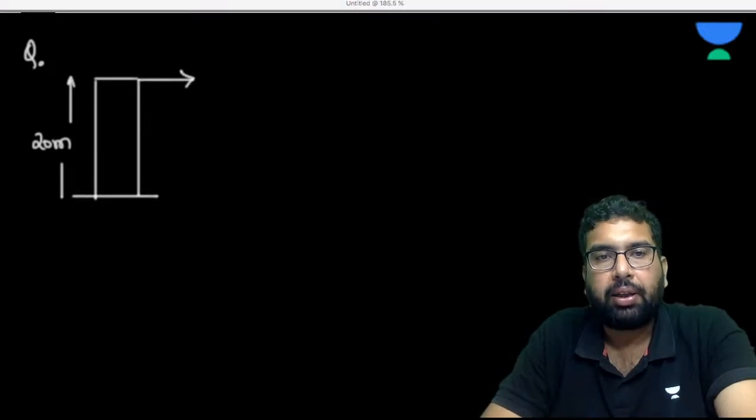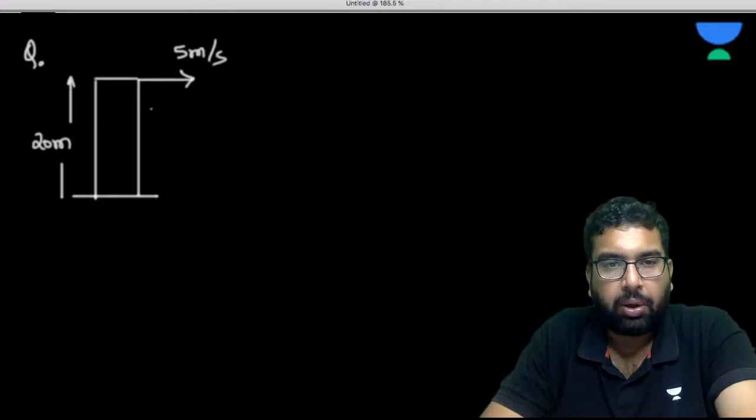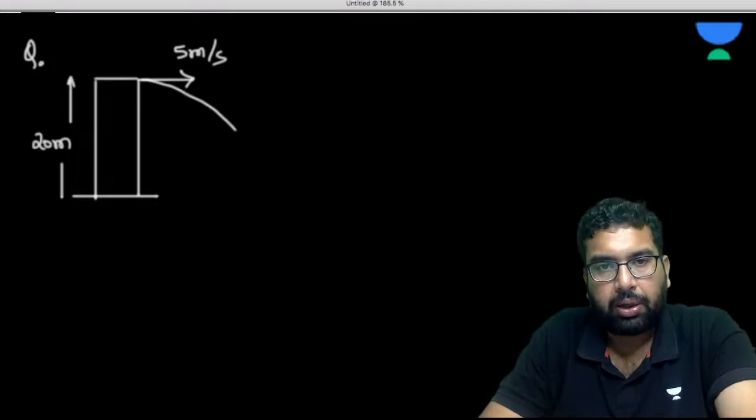See, this is going to be 5 meter per second. Let's suppose it is thrown, so this is obviously going to be like this.